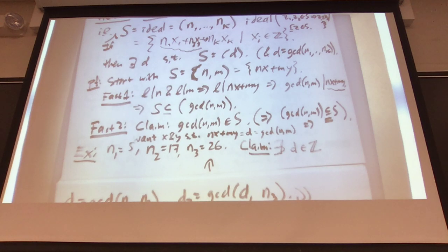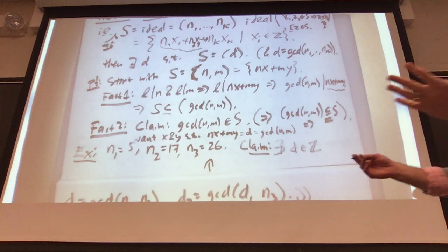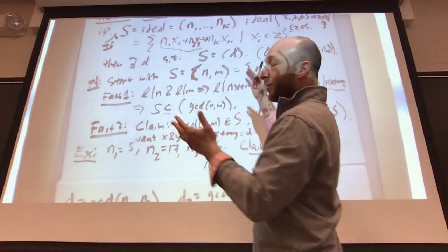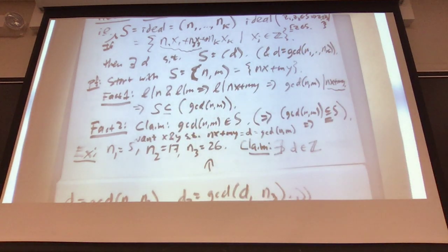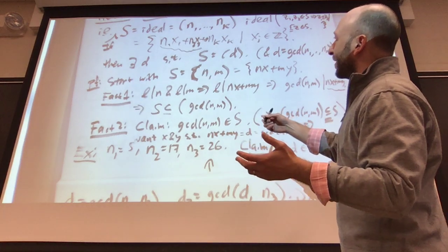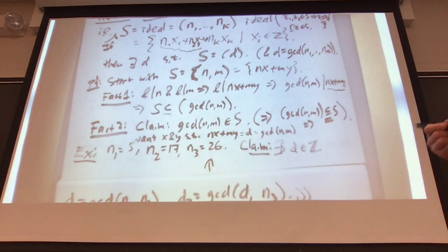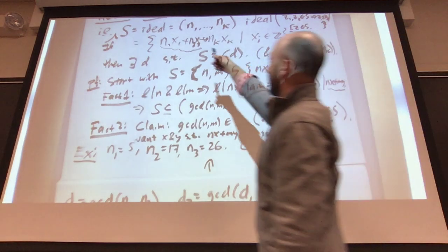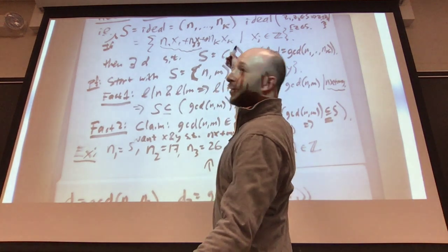What would be an example of an ideal of rank 2? Well, what this theorem says is that any ideal of rank 2 is really an ideal of rank 1 in the integers. It depends on your definition of rank. For some people, you just give me some number of elements, and that's the rank.